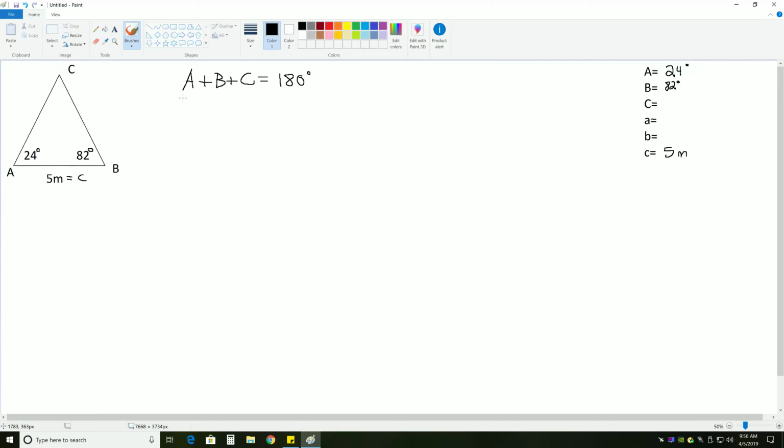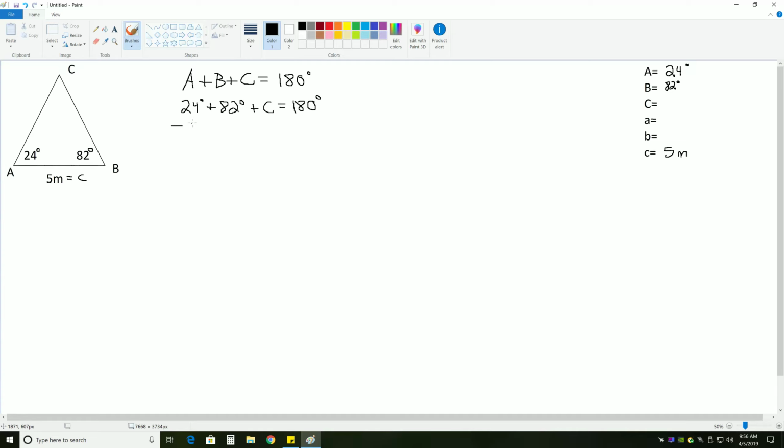So in this case, A is 24, B is 82, and C is our unknown value that we're solving for.